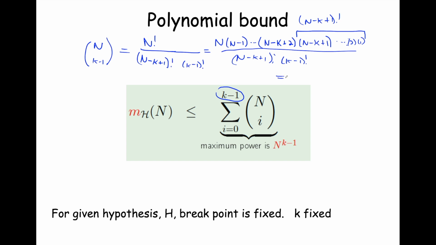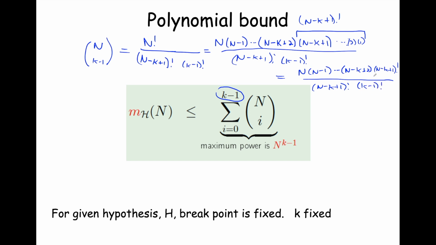So this expression becomes n times n minus 1 dot dot dot times n minus k plus 2 times n minus k plus 1 factorial, over n minus k plus 1 factorial times k minus 1 factorial.